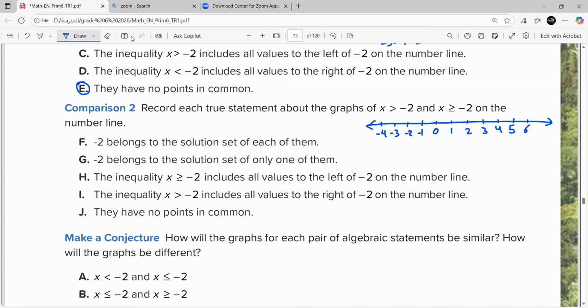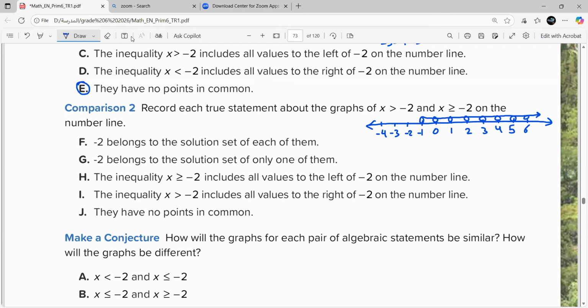Greater than -2, start from -1 and move exactly to the right: -1, 0, 1, 2, 3, 4, 5, 6, and so on, and move to the right like this. This is x greater than negative 2.